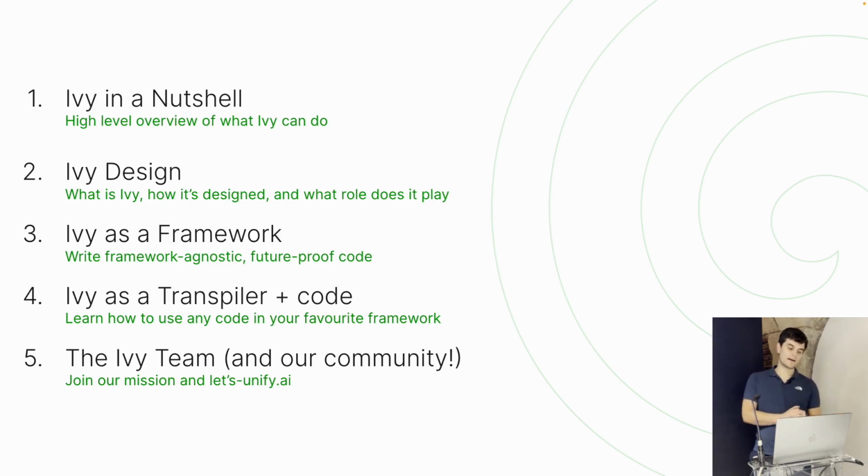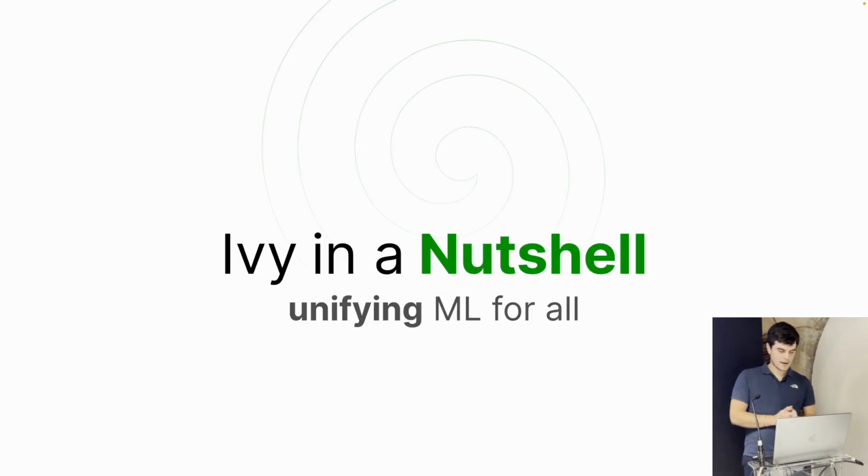I'll then go over Ivy as a framework, so how to write framework-agnostic future-proof code. I'll then go over Ivy as a transpiler, and how we can use this to bring code from other frameworks into your favorite framework. And then I'll be talking a bit about our team and how you can apply and so on.